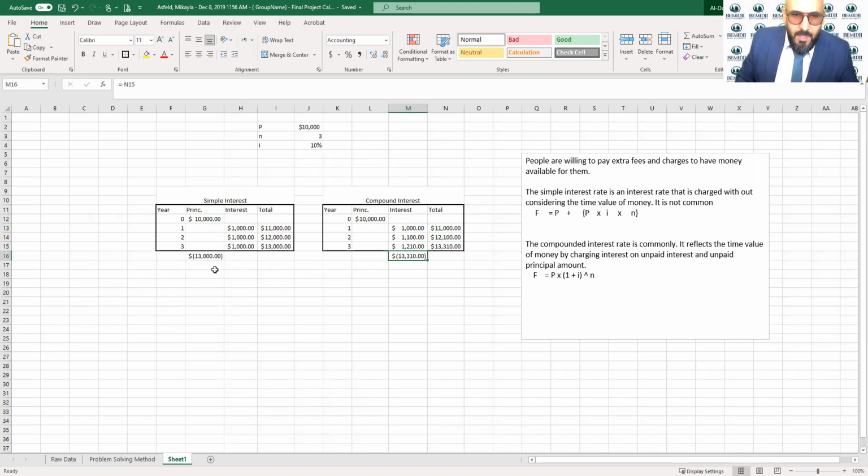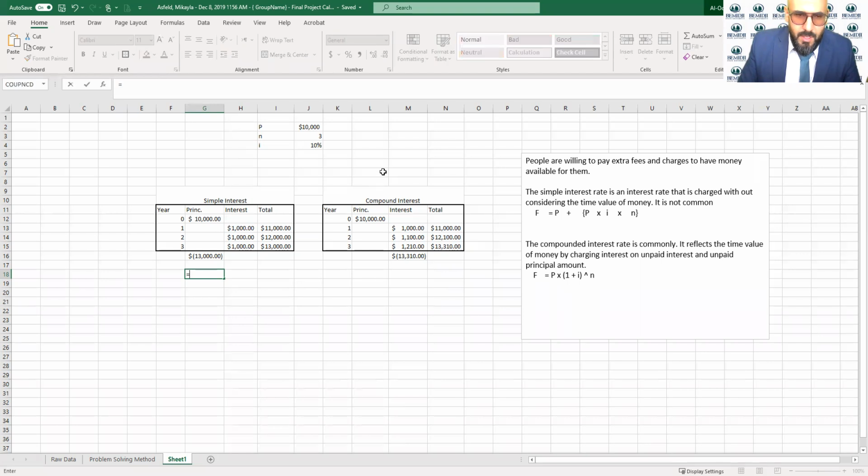Last thing that I want to say: can we do this calculation in a different way? Again, this example is just to simplify things, to make sure that you understand the difference between the simple and the compounded interest rate. However, we could use the function F equal to P times (1 plus I times N).